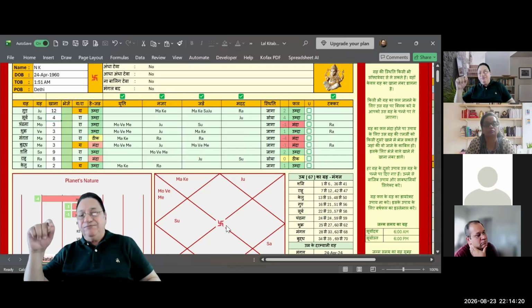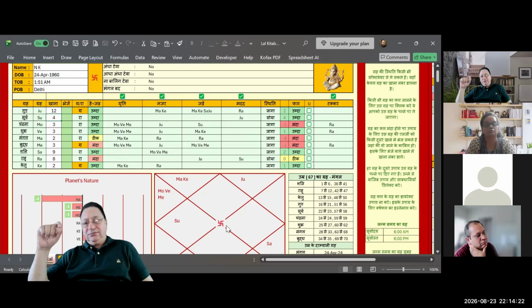Because our algorithms are based on a circular motion of the planet. Planets are not exactly moving in a circle. They are moving elliptically. Whatever corrections we may apply, some errors still remain.